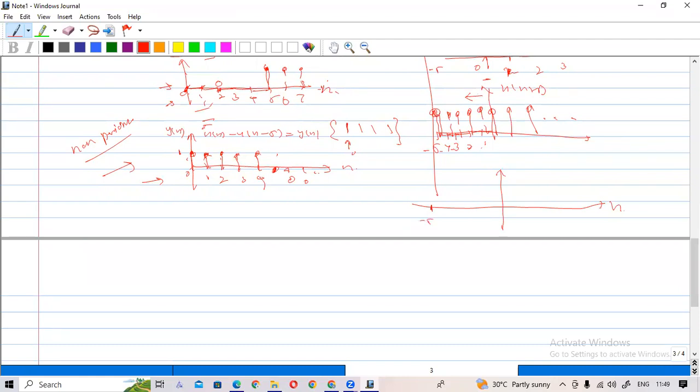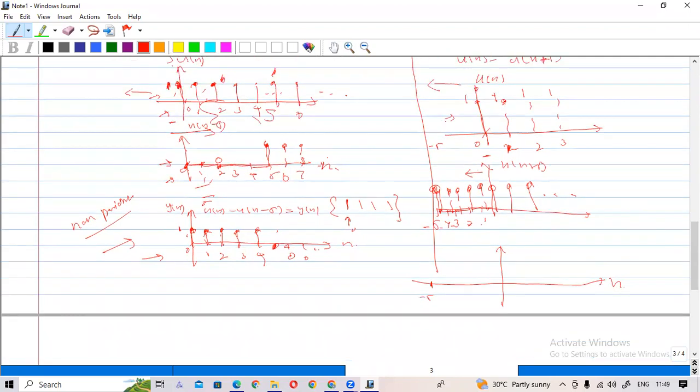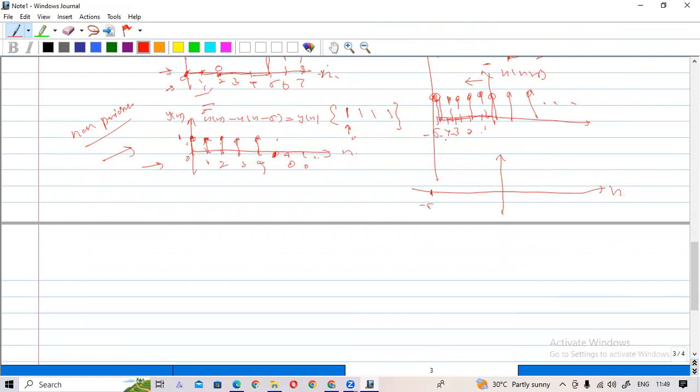The value at minus 5 of the first signal is 1 and the second signal value is 0, so 0 minus 1 will be minus 1. This value will be minus 1, this value will be minus 1, and the fourth sample value also will be minus 1. The third sample also minus 1, second sample also minus 1, first sample also minus 1, and the 0th sample also minus 1.